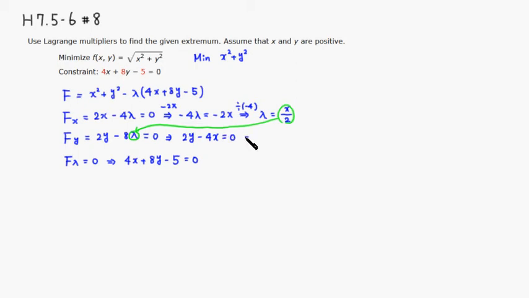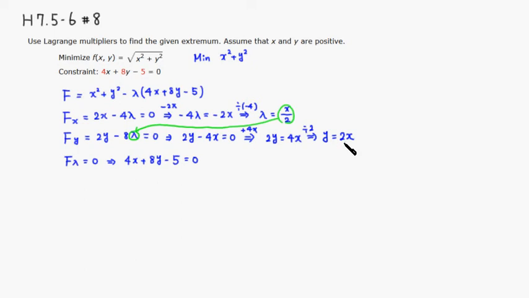Then we can add 4x to both sides, so we have 2y is equal to 4x. Then we can divide through by 2 to get y, which is equal to 2x. So y is 2x.